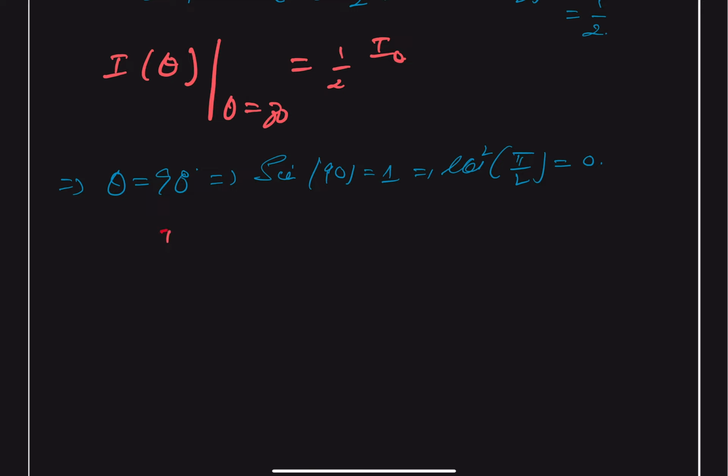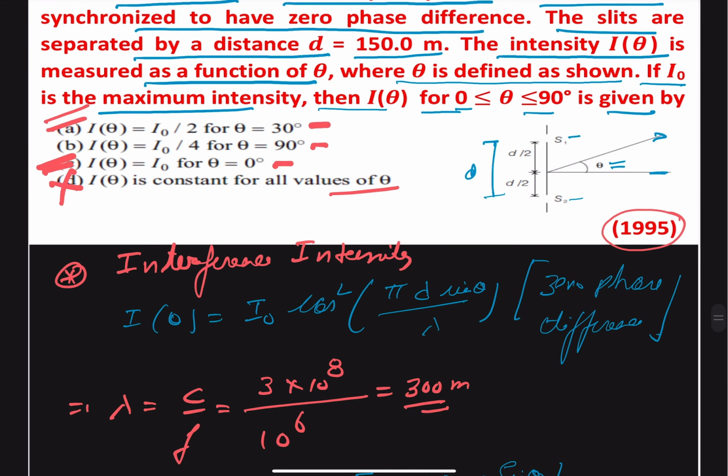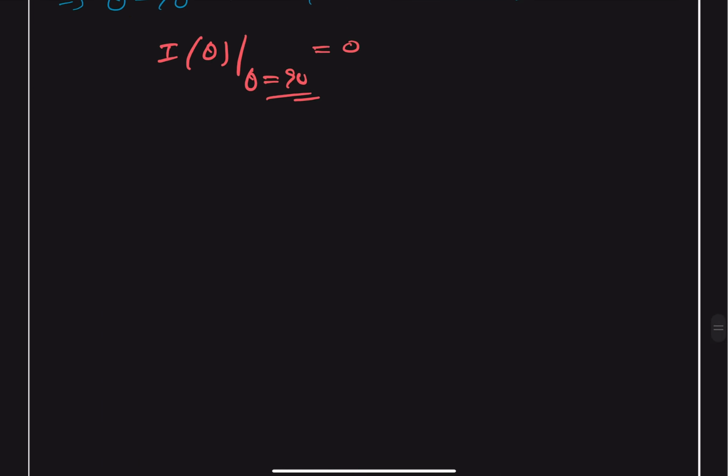Therefore, I of theta at theta equal to 90 is equal to 0, and option B is the incorrect one. So options A and C are correct.